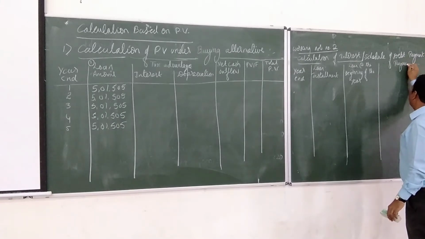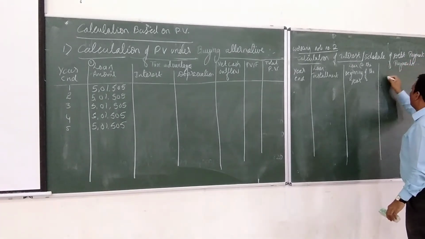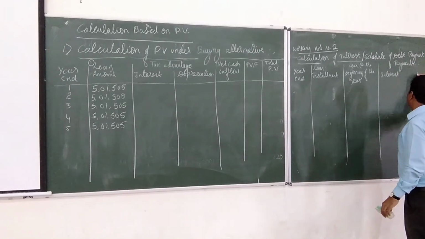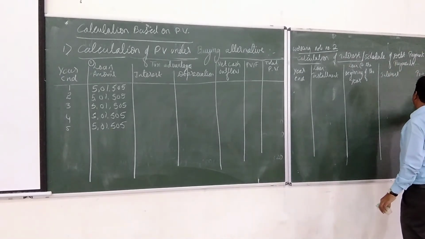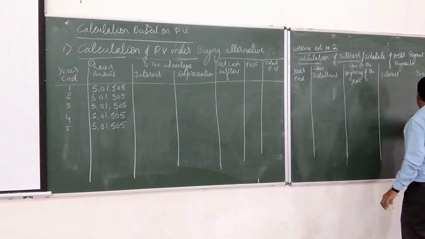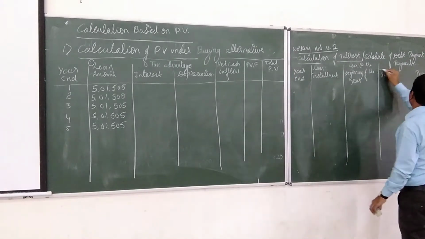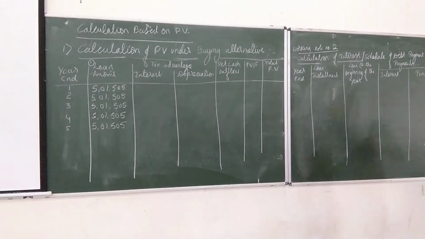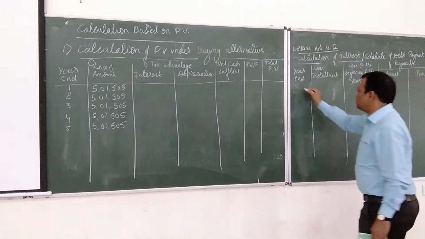We have to make 2 types of payments here: one is interest, the other one is principal amount. Then loan at the end of the year.